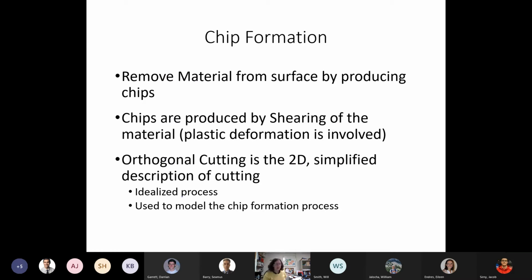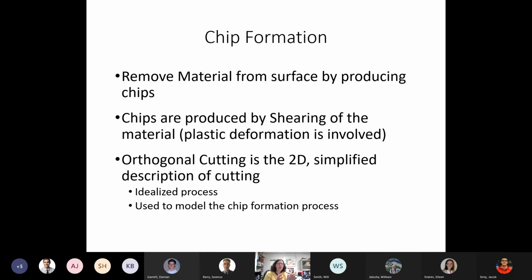Okay, so let's start considering chip formation. When we look at machining, and we did have some in our reading assignment, and the book does a nice job at this, we are removing material from the surface by producing chips. And so we need to understand what this chip formation is.